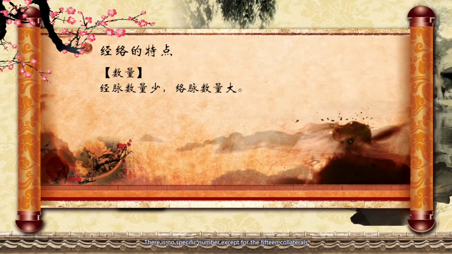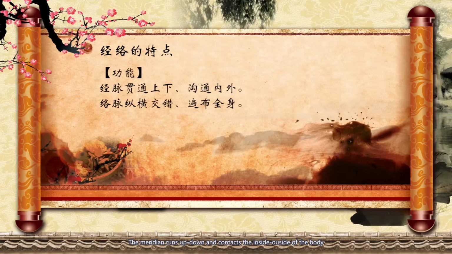There is no specific number except for the 15 collectories. That's why some Asian traditional Chinese doctors say that the collectories are uncountable. In addition, in terms of function, the meridian runs up and down and contacts the inside and outside of the body. It is the dominant pathway for qi and blood to flow and circulate.